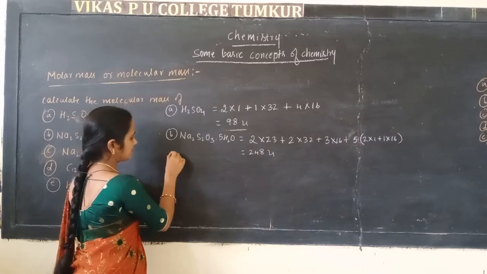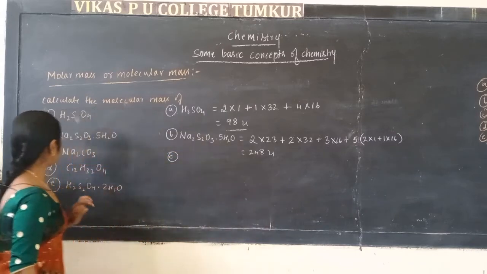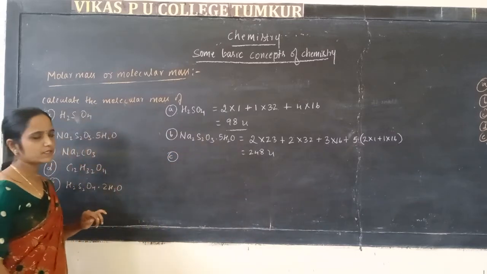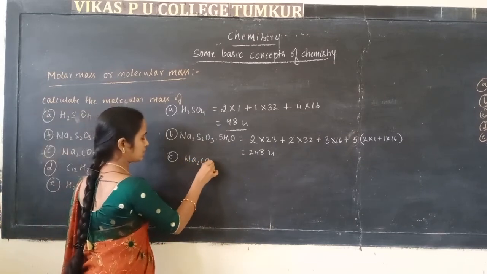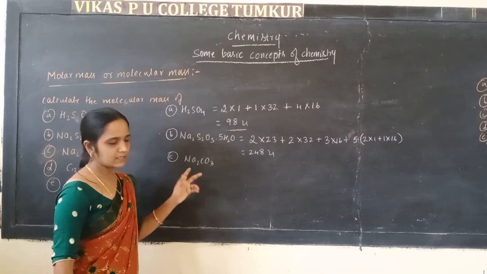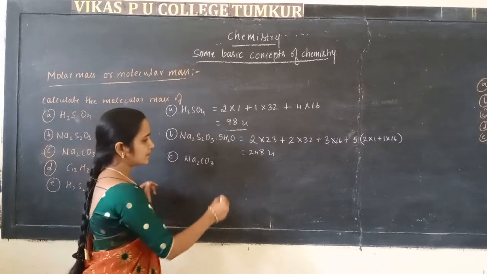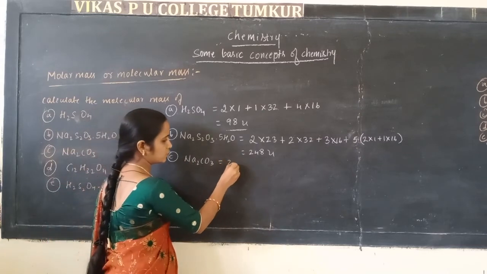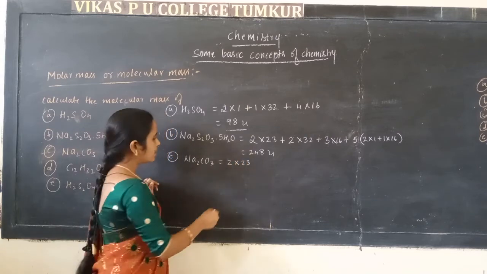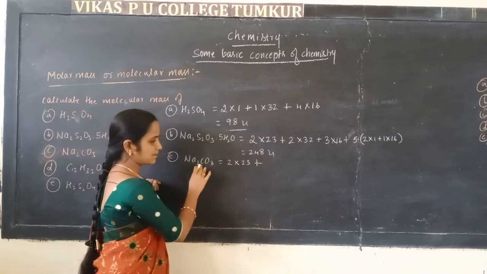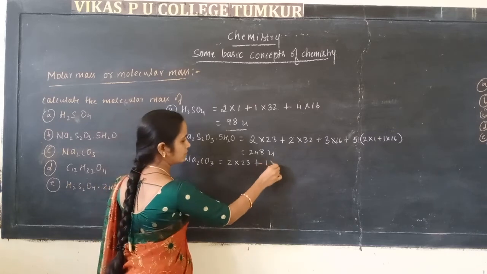Then the third one, how to calculate the molecular mass of sodium carbonate, Na2CO3. How many elements are present? 3 types of elements. The number of sodium atoms is 2, so 2 into 23, the atomic mass of sodium. Plus the number of carbon atoms is 1, so 1 into 12.